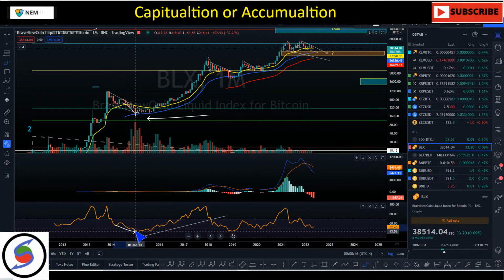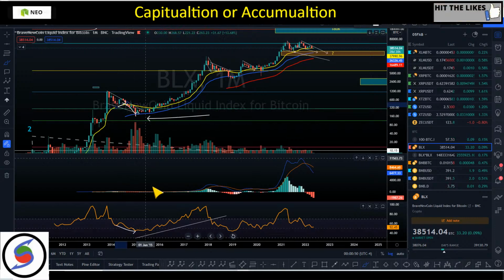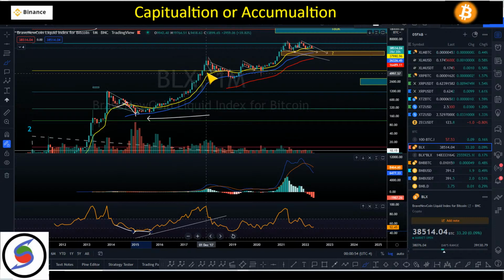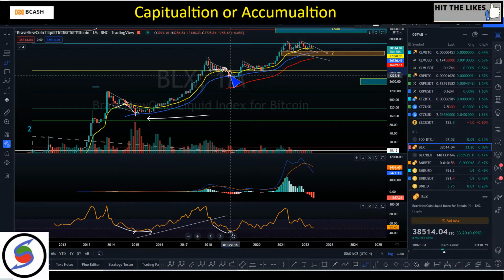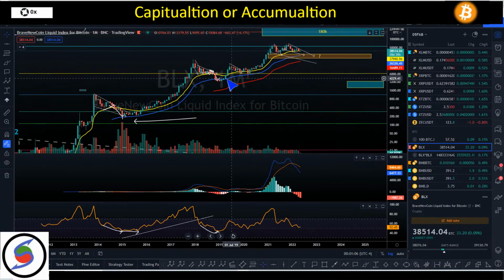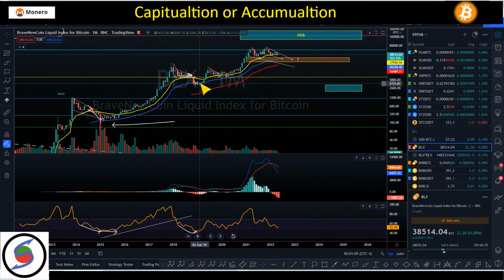Your RSI was making lower lows, price action was still making higher lows, and we still ended up dumping lower, though RSI remained flat. Take a look at it right here. At some point RSI was making lower lows, price action was flat, and we still ended up dumping below the monthly 50 EMA. Basically we retested the monthly 50 EMA.